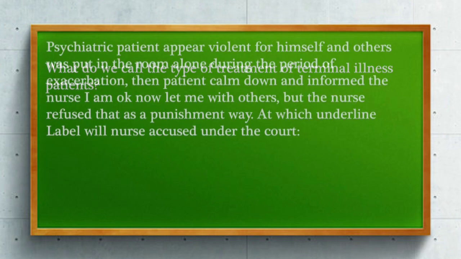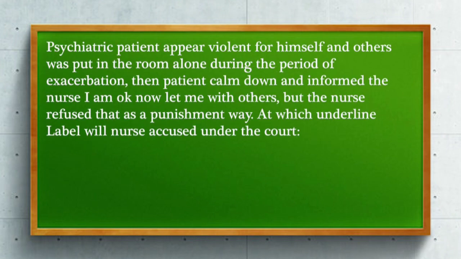Next question. A psychiatric patient appeared violent to himself and others and was put in a room alone during the period of exacerbation. Then the patient calmed down and informed the nurse, "I am okay, now let me be with others," but the nurse refused as a punishment. Under which legal term will the nurse be accused in court?